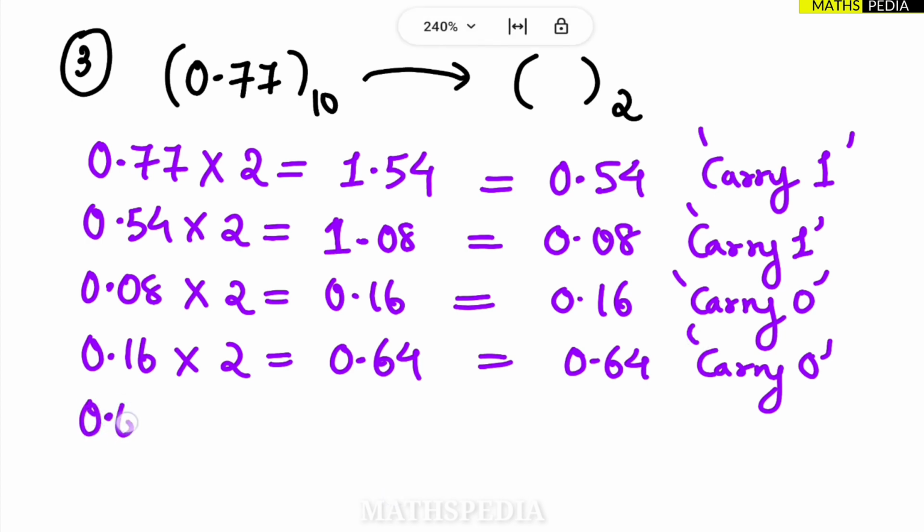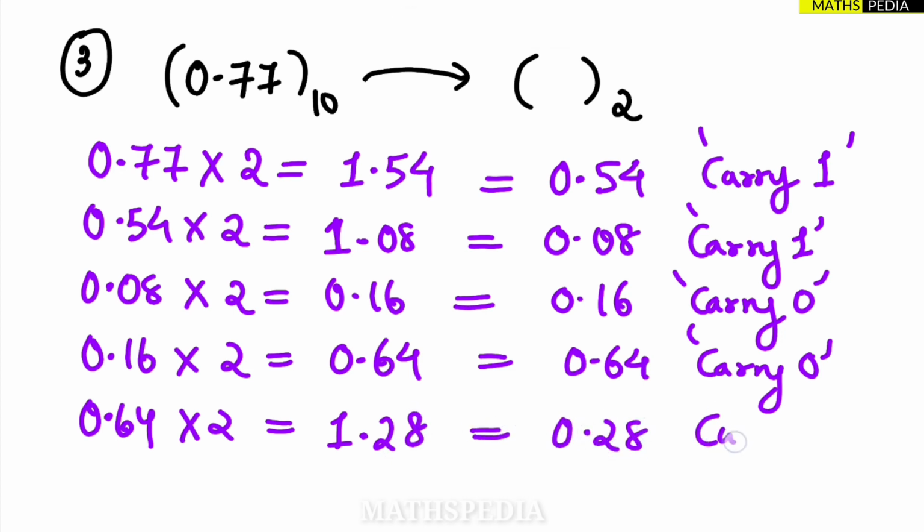Then 0.64 multiplied with 2 gives 1.28, so 0.28 with carry 1.